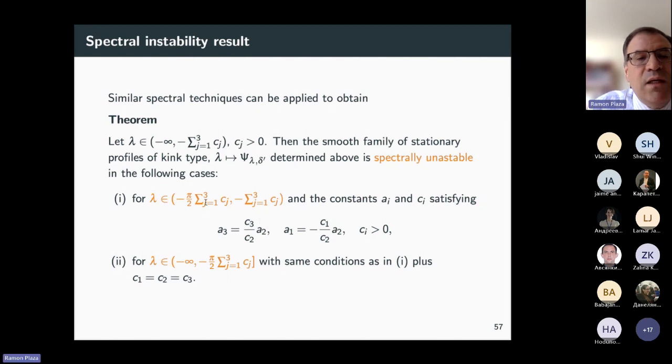In the case from minus infinity to the threshold value, you have the same conditions here, A1 and C related like this, plus a condition that all the velocities are the same. And for the rest of the domain of existence, you need only these conditions.